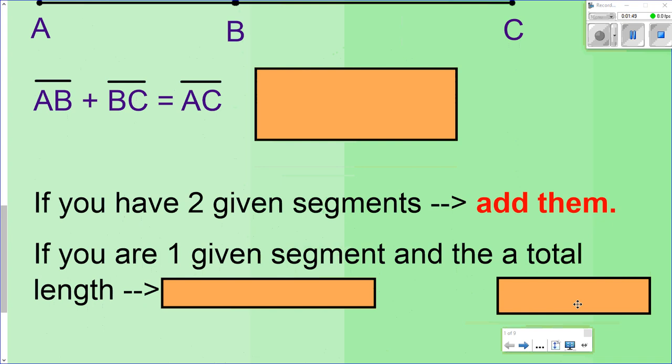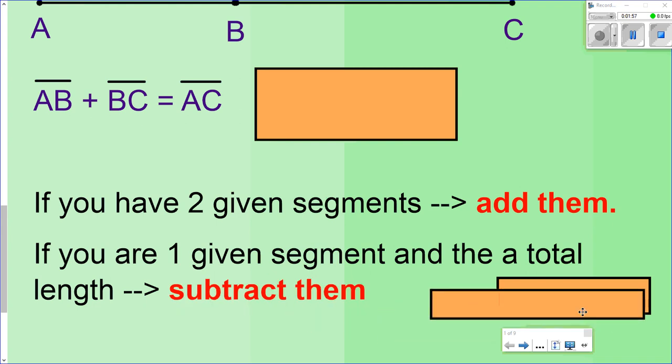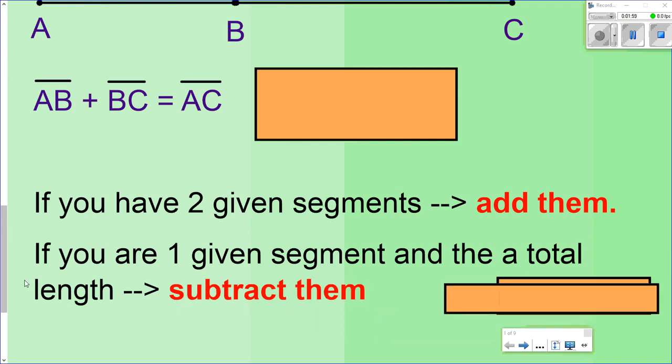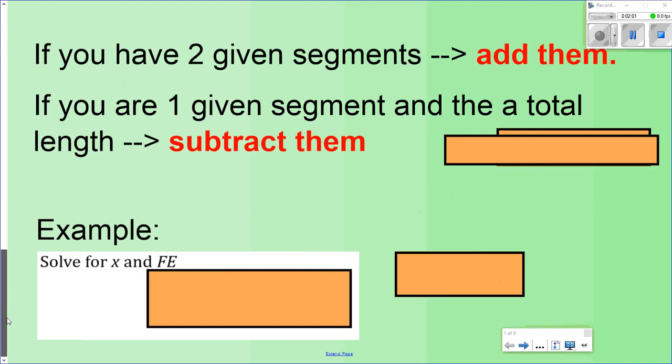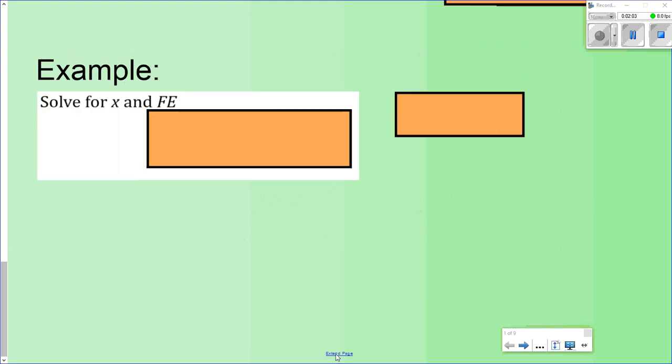If you are given one piece of the segment, and then the total length of that whole segment, then you need to subtract to get that other piece. So below we have an example using the segment addition postulate, SAP.